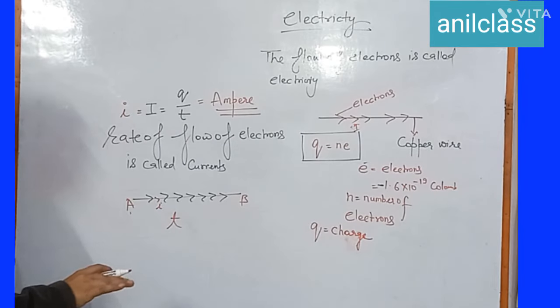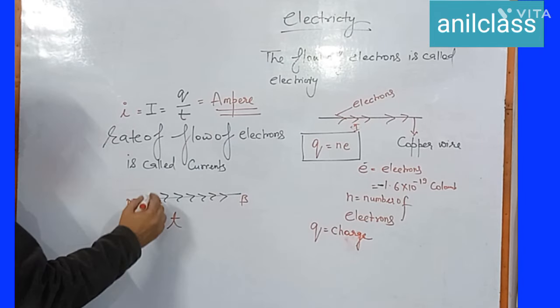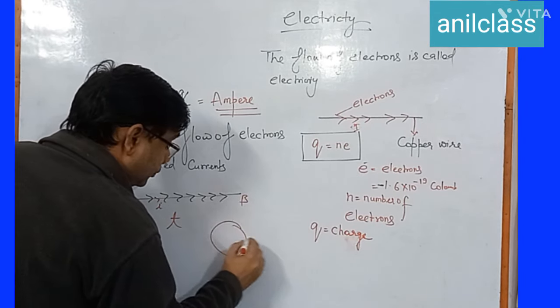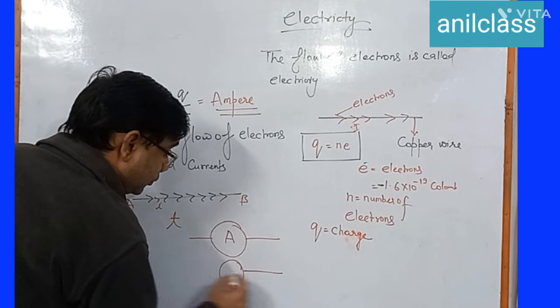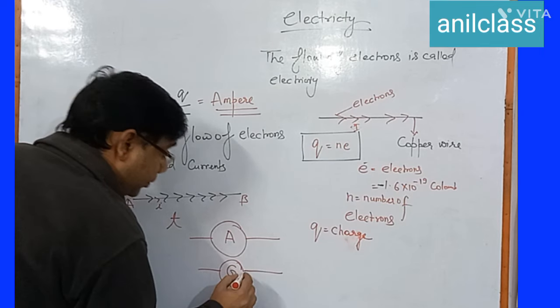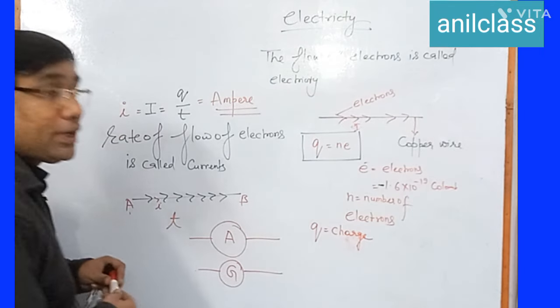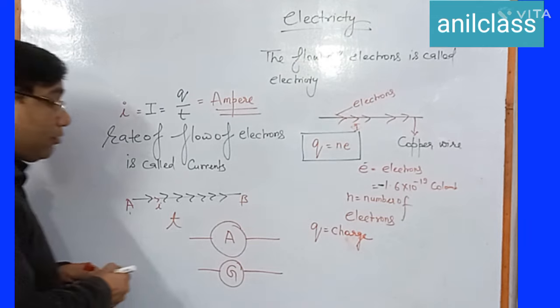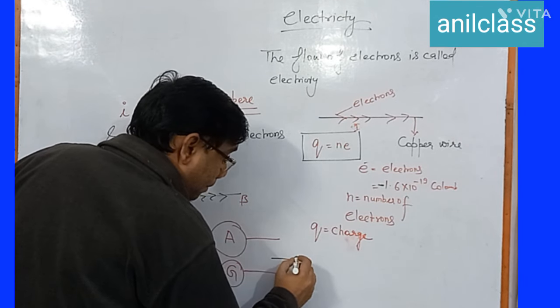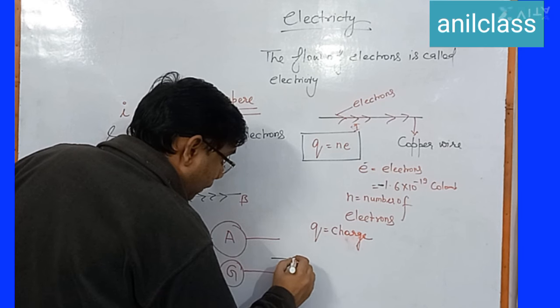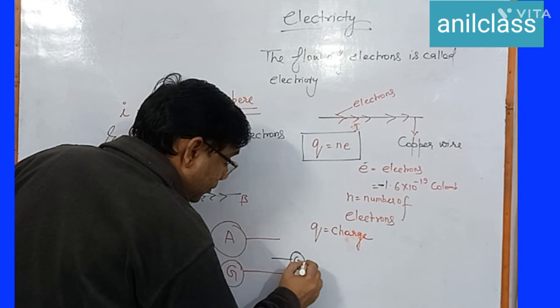And now the symbol A is for ampere meter and also for galvanometer. What is the difference between an ammeter and a galvanometer?